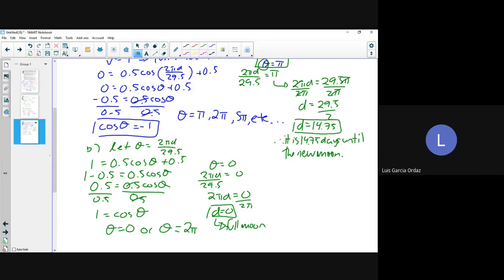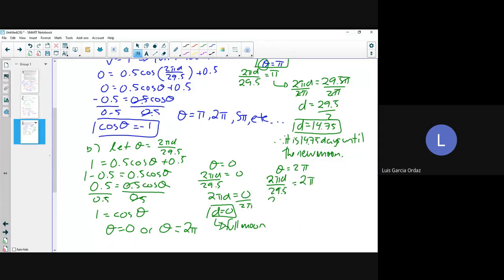So obviously, there's going to be more than one full moon. So we need to use theta is equal to 2 pi to figure out in how many days there will always be a full moon. So we get theta is equal to 2 pi. So 2 pi d over 29.5 is equal to 2 pi.